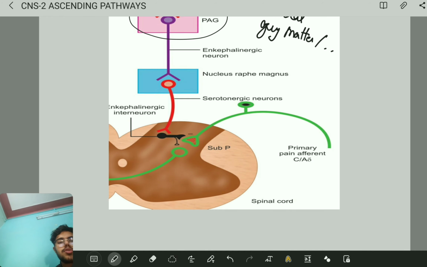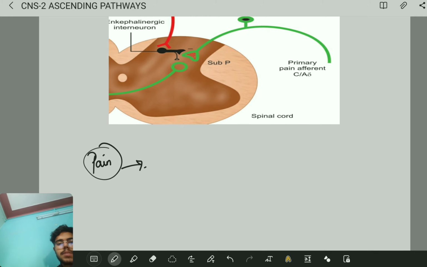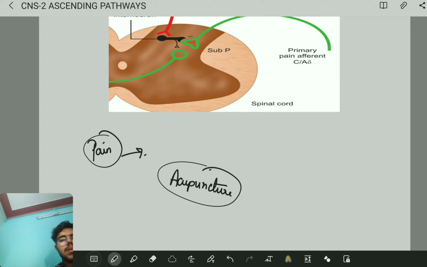Now what I want you to know is that whenever you get a pain, see, what is this pain? For example, let me give an example of acupuncture. In acupuncture, what will we do? We will do needle sticks at specific locations. We relieve pain. Yes or no? Yes.